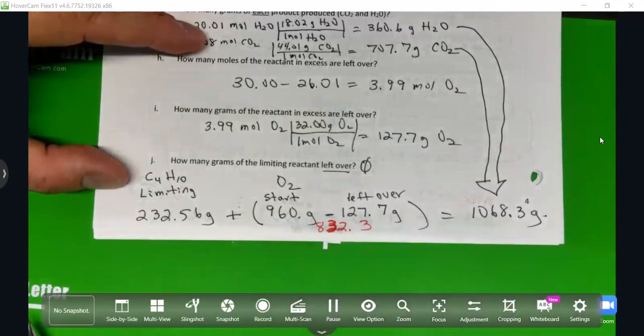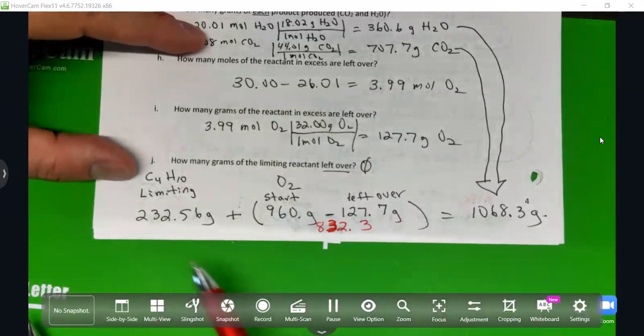And if we add that up, it's pretty close. We're not quite perfect due to sig figs, but that does come out to be 1,064.8 or something.